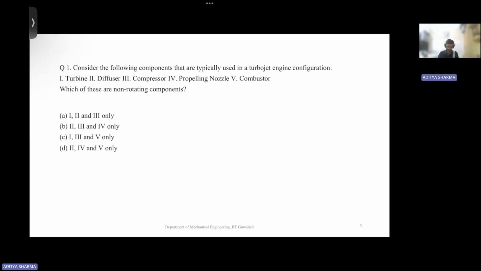So the question here says: consider the following components that are typically used in a turbojet engine configuration. First is your turbine, then is your diffuser, then is your compressor, then is your propelling nozzle, then is your combustor.